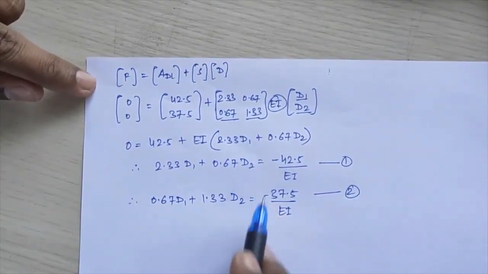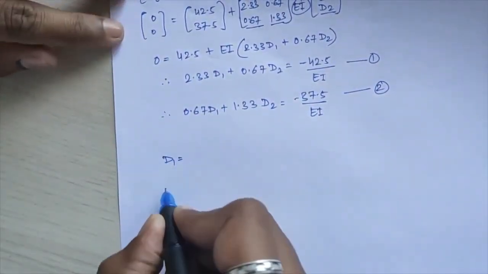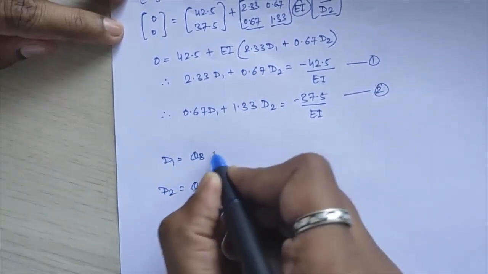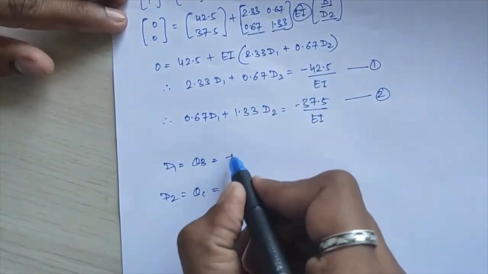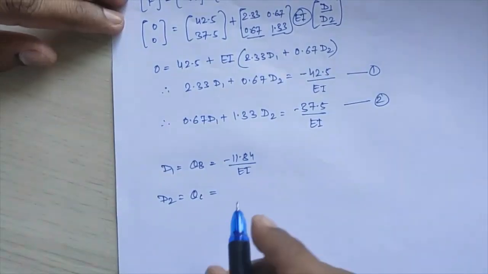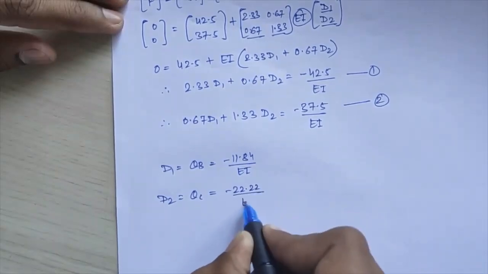So if you solve equations 1 and 2 for the values of D1 and D2, D1 is nothing but the value of theta B, D2 is nothing but the value of theta C. I have got D1 equal to minus 11.84 divided by EI, and D2 as minus 22.22 divided by EI.